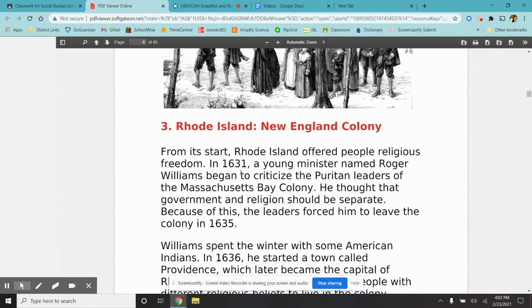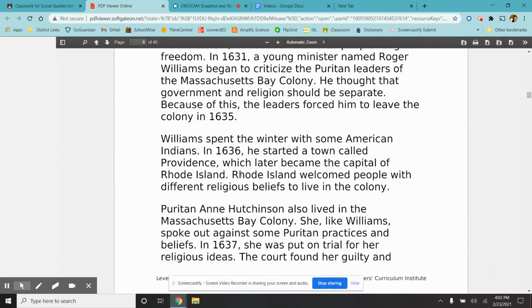He thought the government and religion should be separate. Because of this, the leaders forced him to leave the colony in 1635. Williams spent the winter with some American natives. In 1636, he started a town called Providence, which later became the capital of Rhode Island. Rhode Island welcomed people with different religious beliefs to live in the colony.